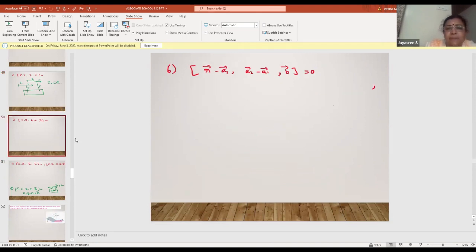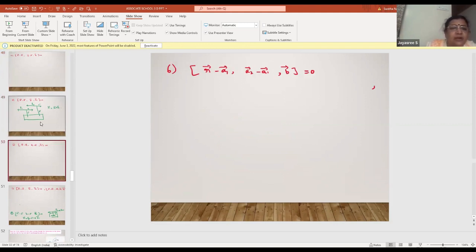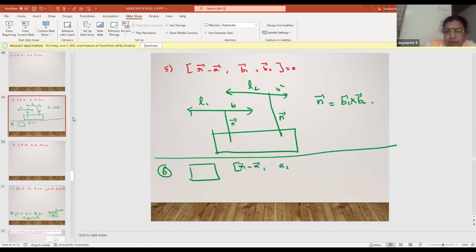And in the sixth one, here also 2 points A1 and A2 are there, and in this pattern also 2 points B and A. What is the difference between A2 minus A1 and the other one I wanted to give? Here I wanted to convey that R minus A1, A2 minus A1 and B1 vector tell me that this plane is containing 1 point A1 and containing 1 line.